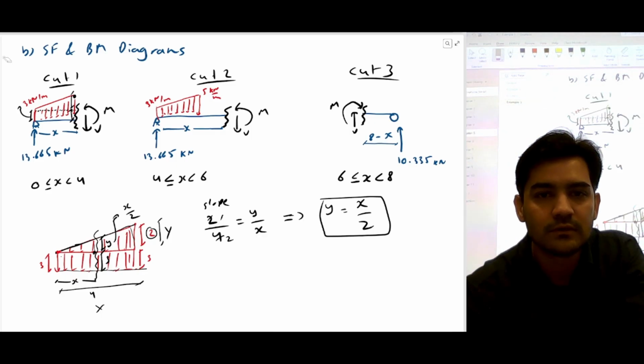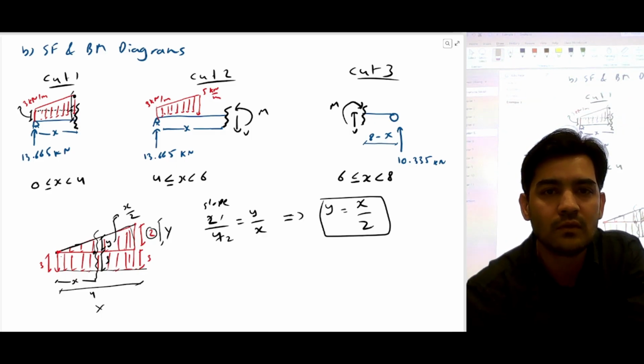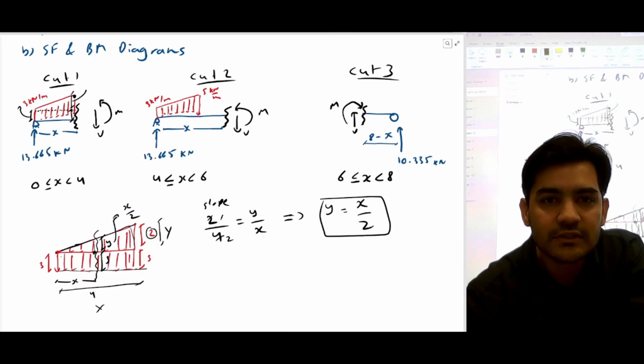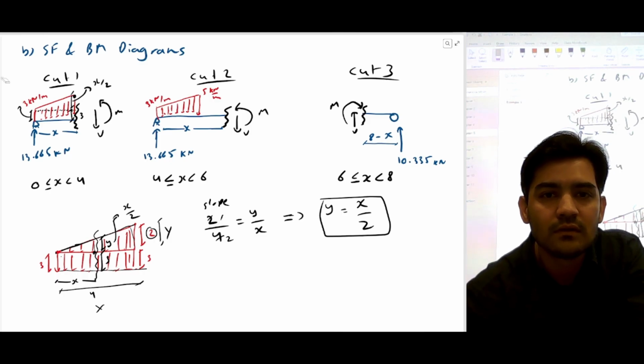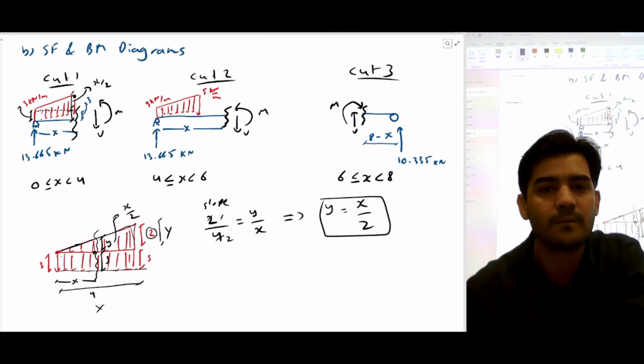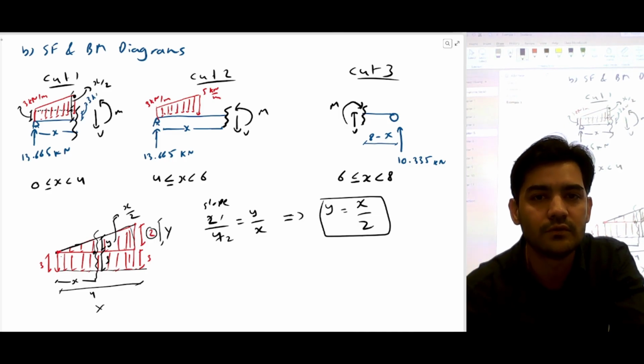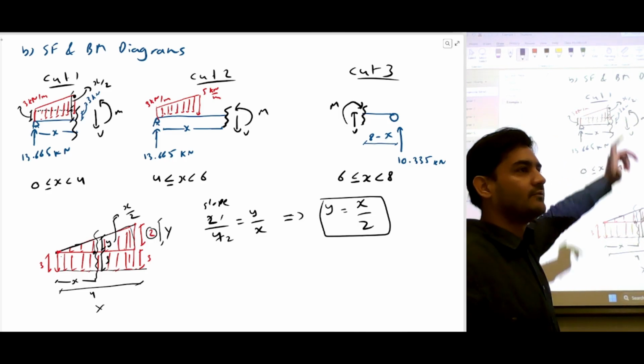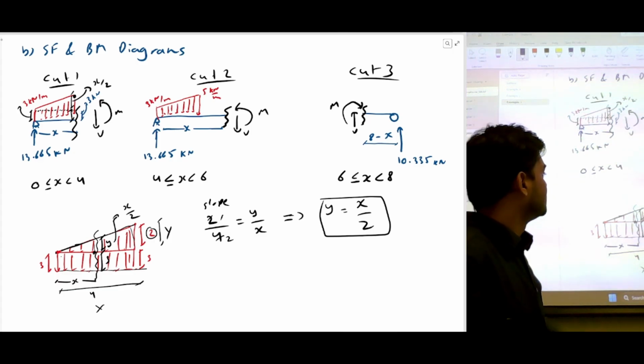So I'm going to write what we have now. We have shear force and bending moment. So this distance is actually x by 2, and this distance we already know, which is 3 kilonewtons. So now we have the distances, and now we can try to calculate the forces.